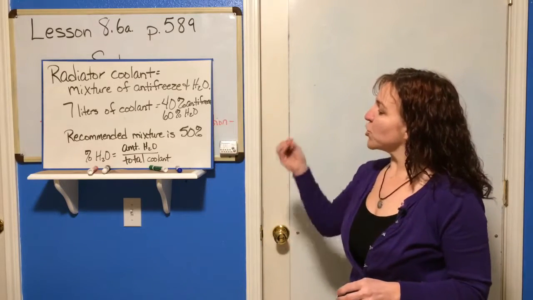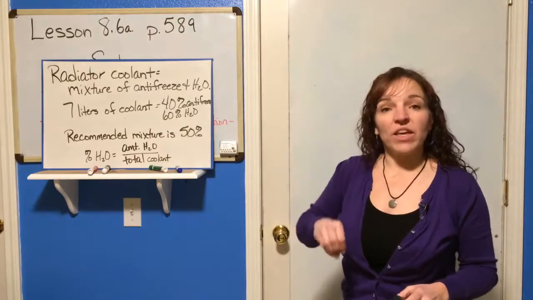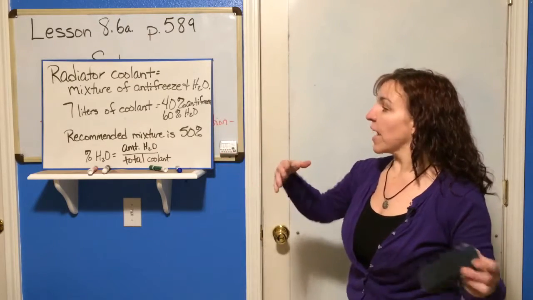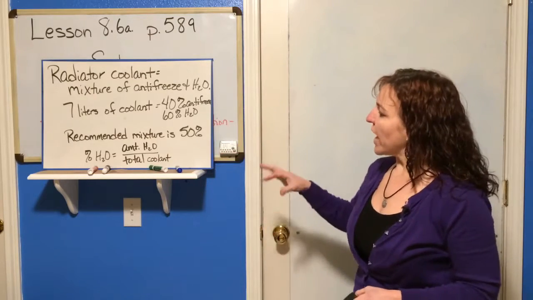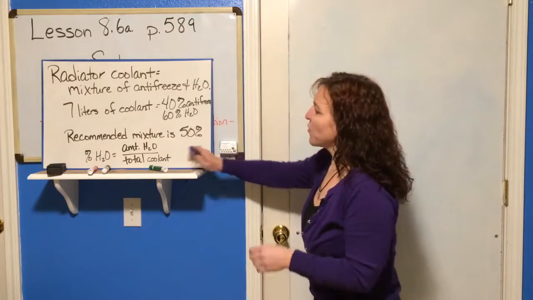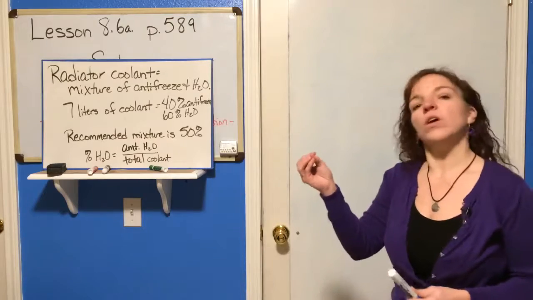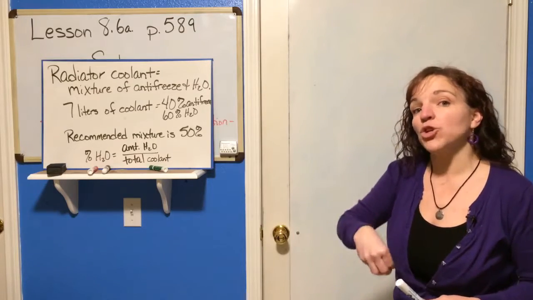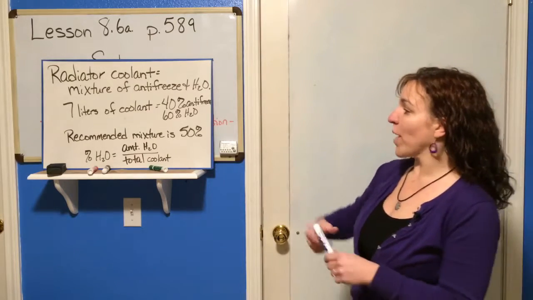The recommended mixture for my vehicle is 50% antifreeze. So if I want this 50% antifreeze, how much more antifreeze do I need to add to the mixture in order to have the correct percentage?